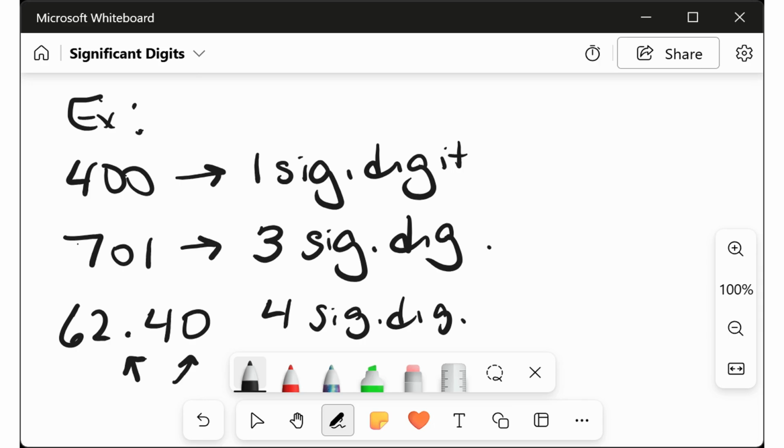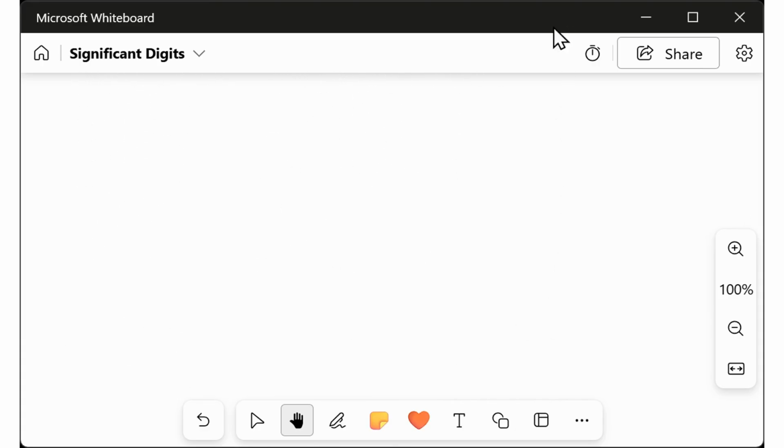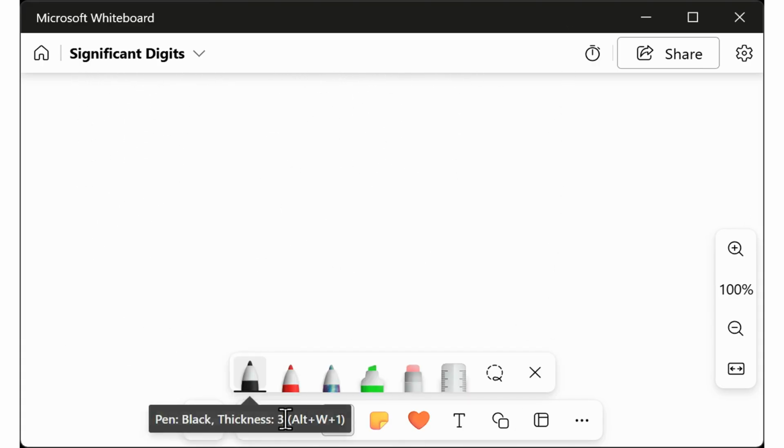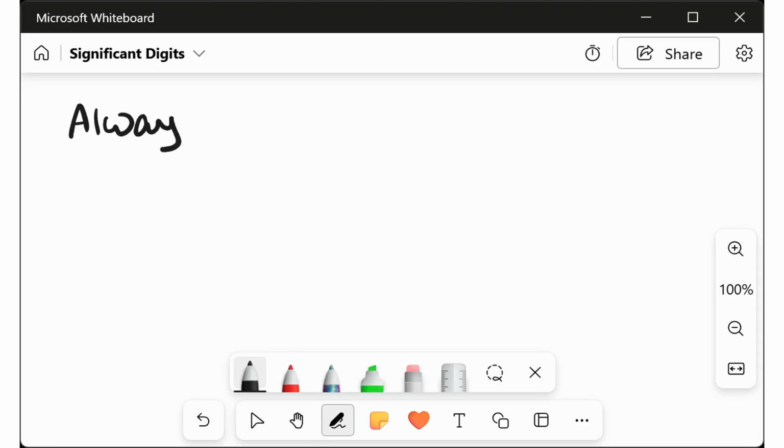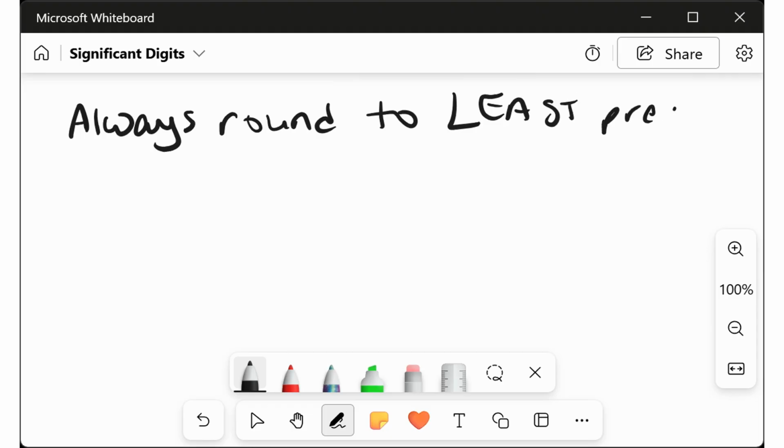Now, when we are doing calculations with numbers, we always round to the least precise. Okay.